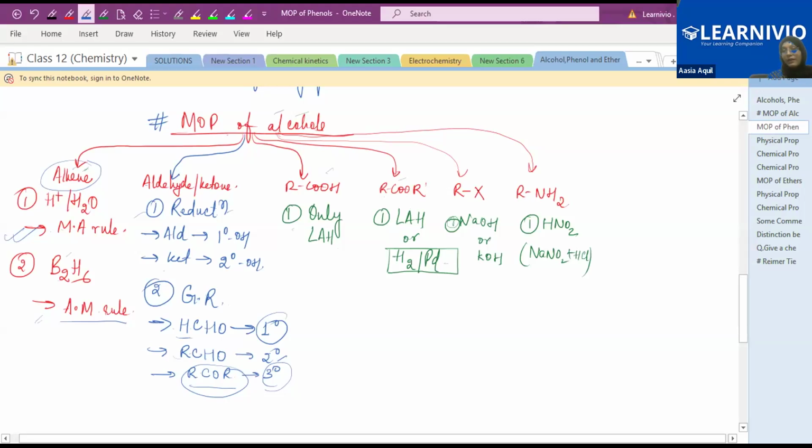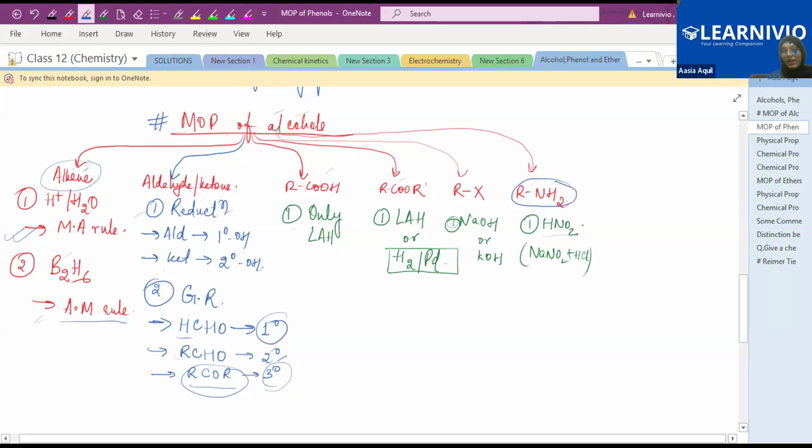Next is from haloalkane, alkyl halide. Alkyl halide on treatment with sodium hydroxide or potassium hydroxide will give you the corresponding alcohol, via a bimolecular nucleophilic substitution reaction. And the last method we have done is from the aliphatic primary amine. Which reagent do we use?